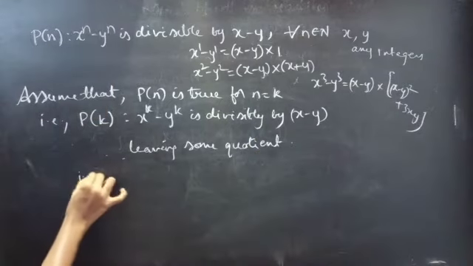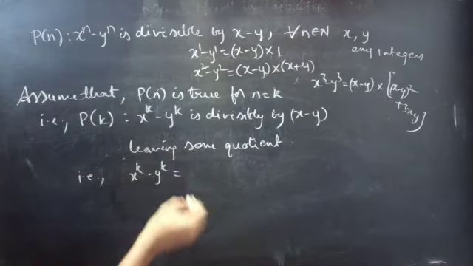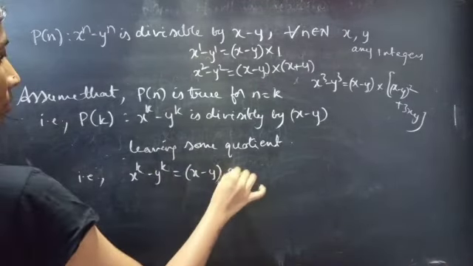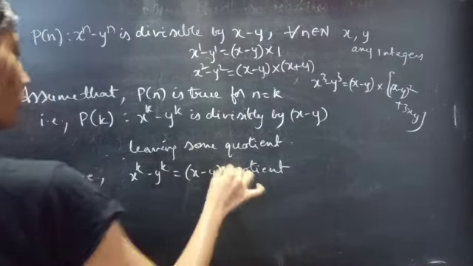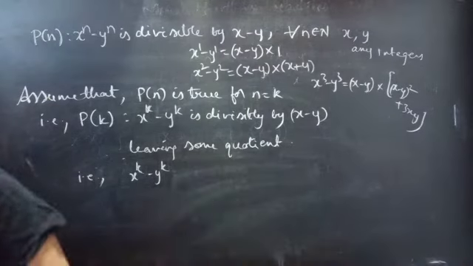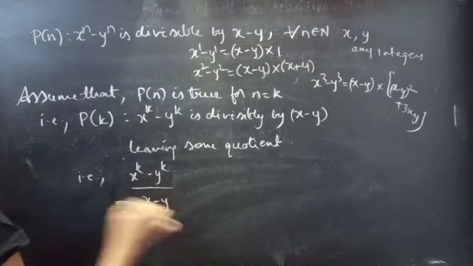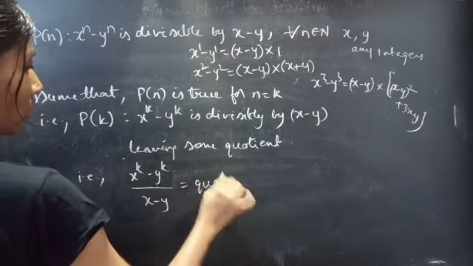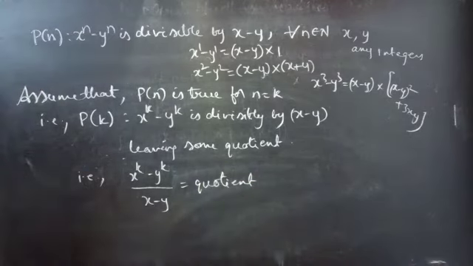That is, x power k minus y power k equals x minus y into some quotient, or if x power k minus y power k is divided by x minus y, it leaves some quotient. Okay, it will be easy, right?